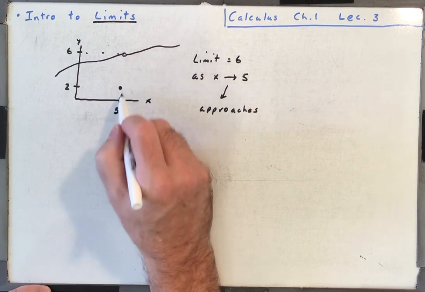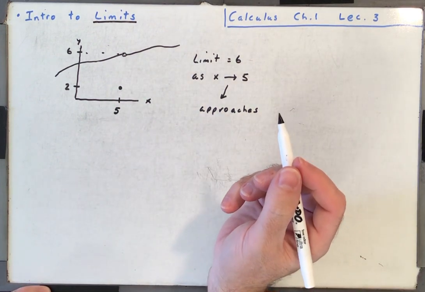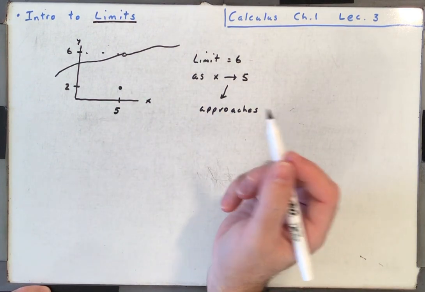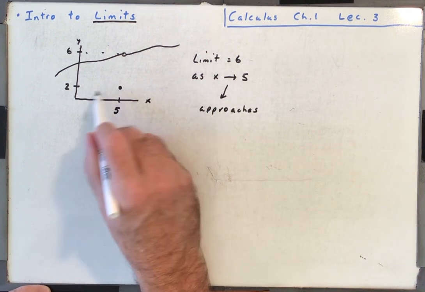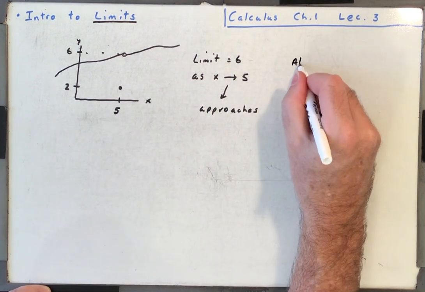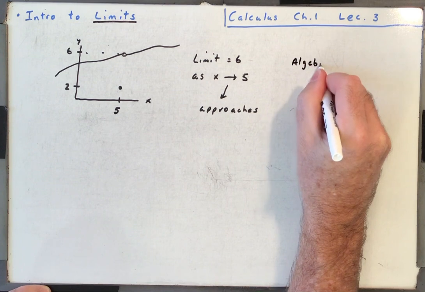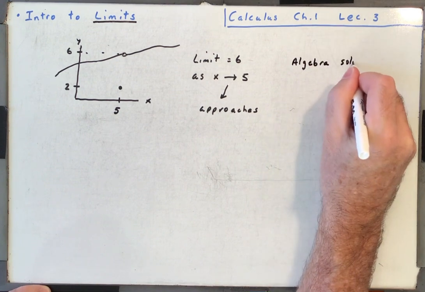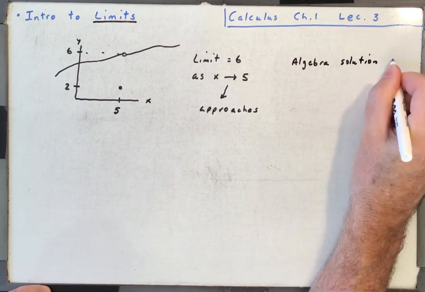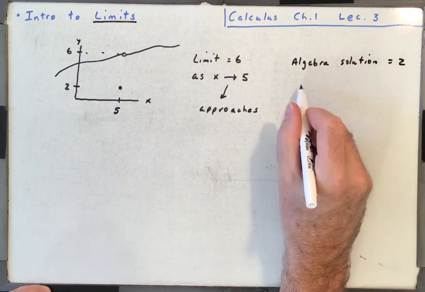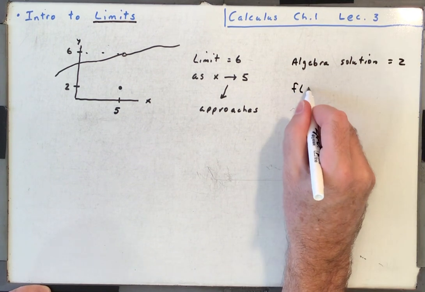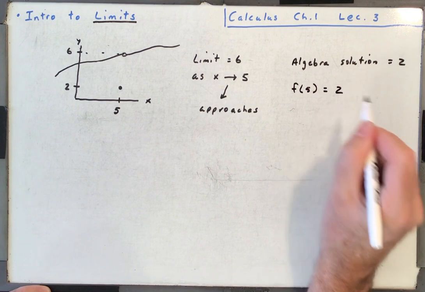So this is what we call a piecewise function. So the algebra solution is 2. So what we would say is that f of 5 is equal to 2.